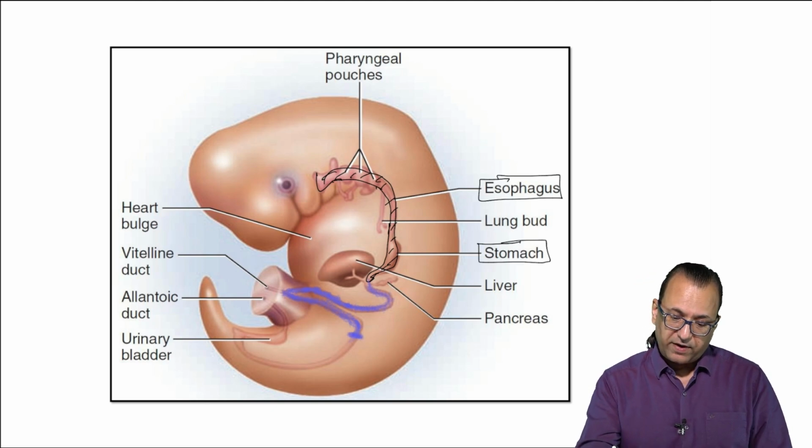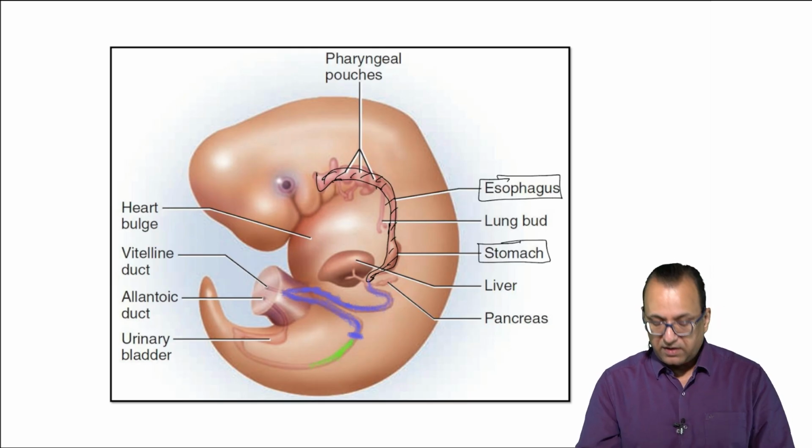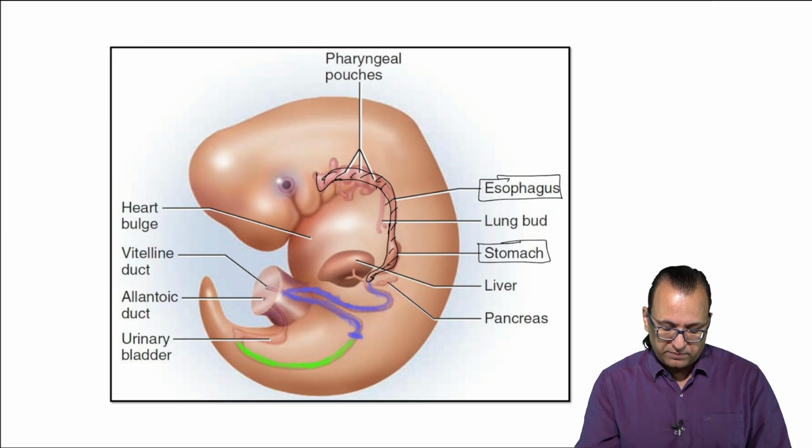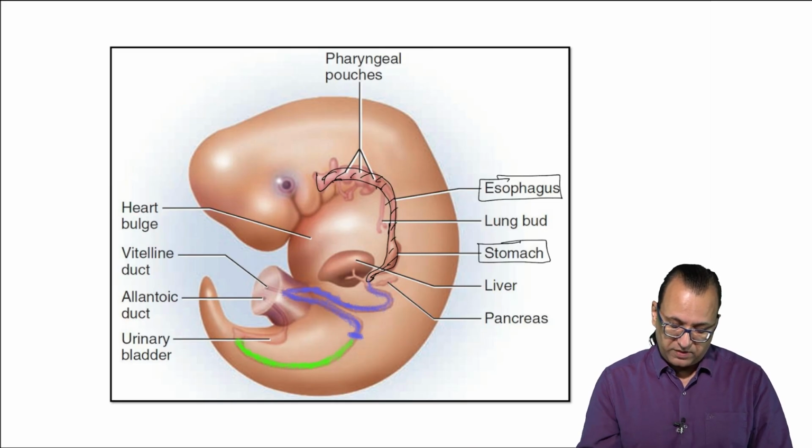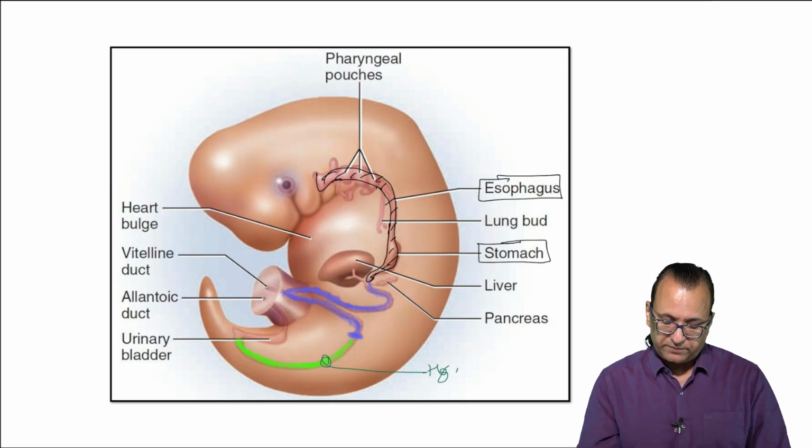And after that, when you are focusing upon this region, this is the hindgut, which is the left one-third of the transverse colon and descending colon, sigmoid, rectum, etc. So that is hindgut. As we are marking, this is the hindgut region. Here we have the midgut region, and this one is the foregut region.